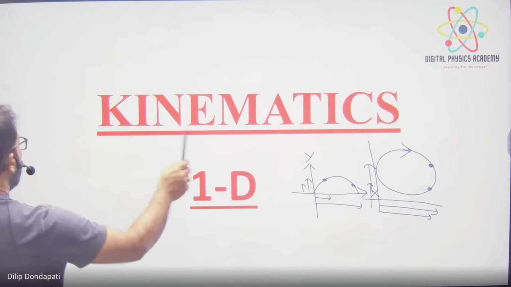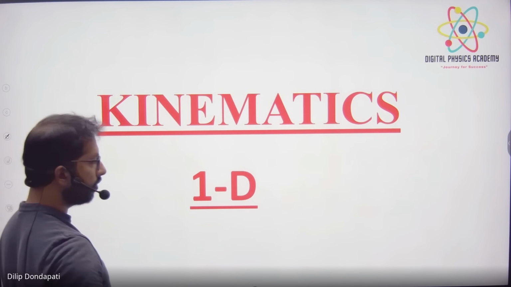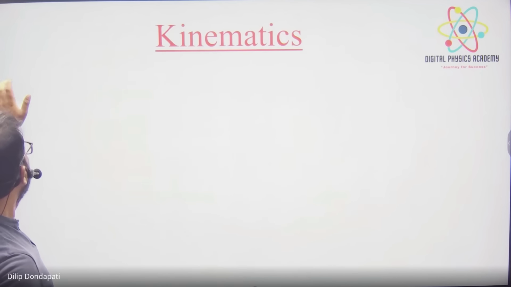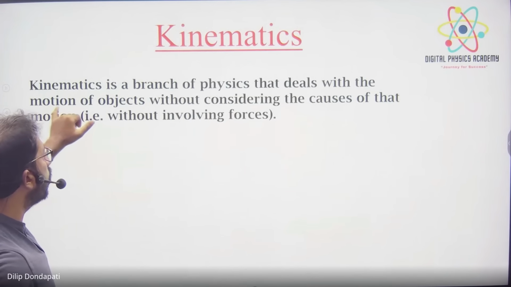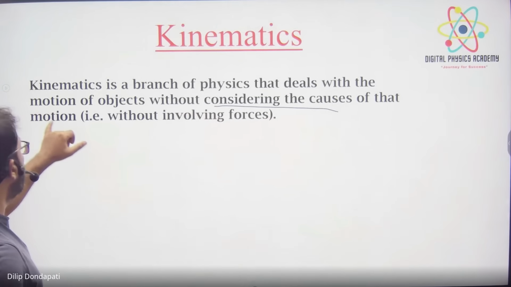So first we have to understand what kinematics is. According to you, what is kinematics? Kinematics is a branch of physics that deals with the motion of an object without considering the cause of that motion.